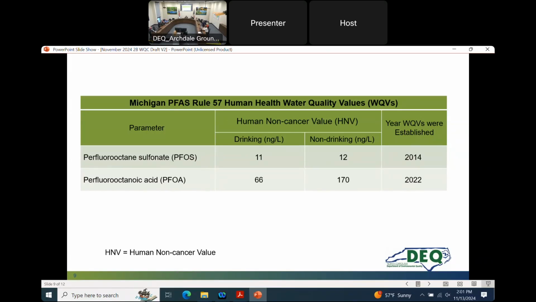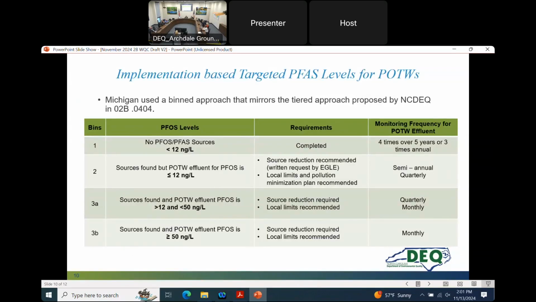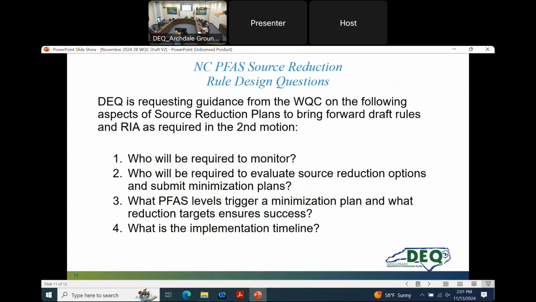Comparably here, there's a delegated authority to the local governments for the pretreatment program.